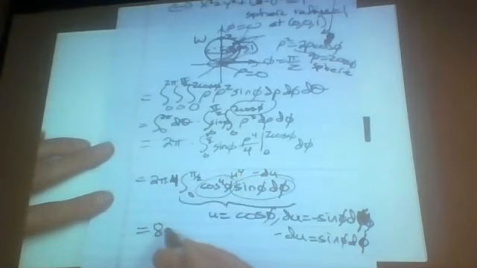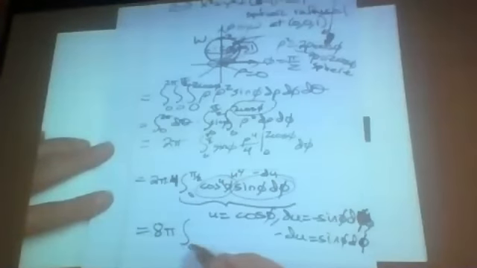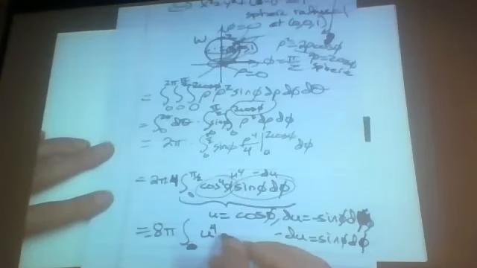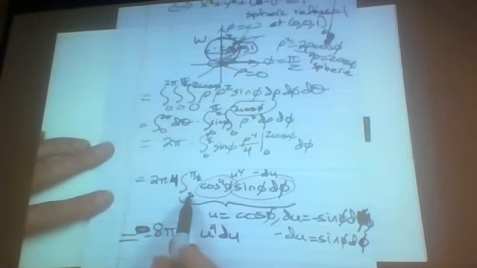All right, I've got 8 pi integral of minus u to the 4th du. And when phi is 0, u is cosine 0, which is 1. And when phi is pi over 2, u is cosine pi over 2, which is 0.